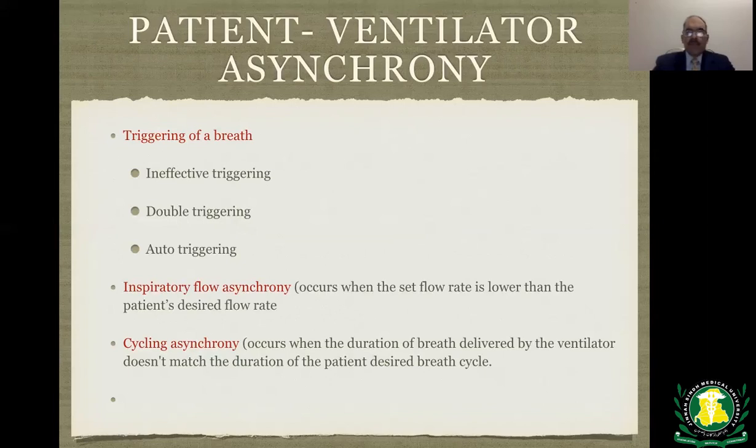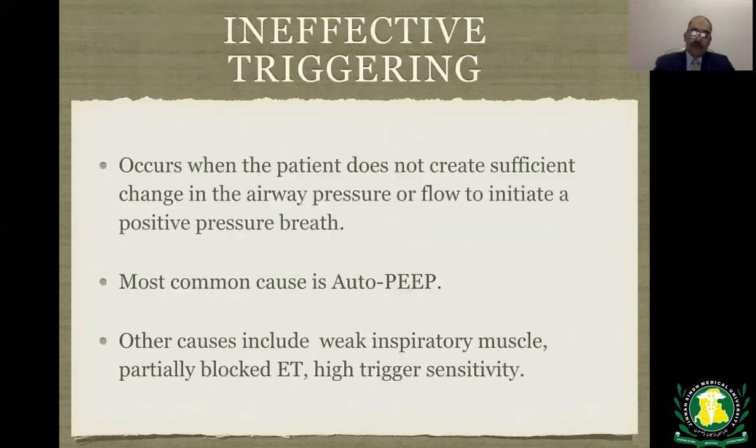Patient-ventilator asynchrony could be triggering of a breath asynchrony, inspiratory flow asynchrony, or cycling asynchrony. Ineffective triggering means the patient is trying to breathe, but the ventilator in assist control mode will not deliver the breath. It occurs when the patient does not create sufficient pressure change in the airway or flow to initiate the positive pressure breath.